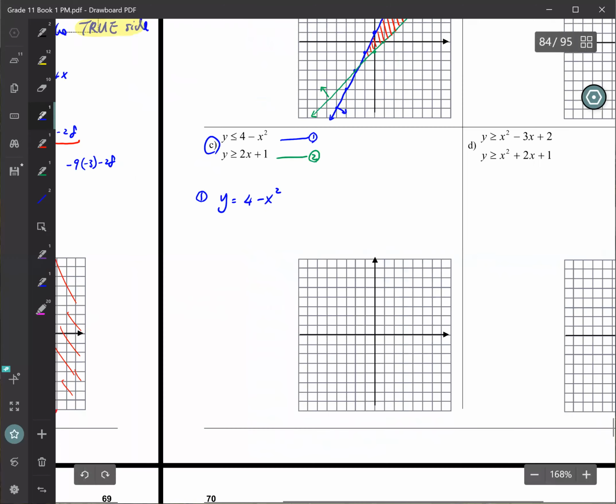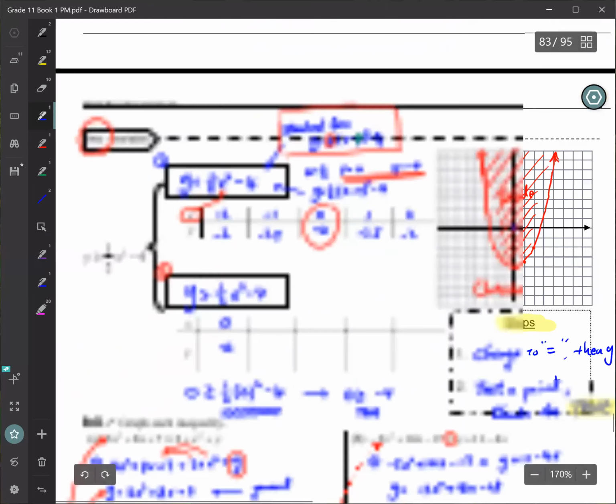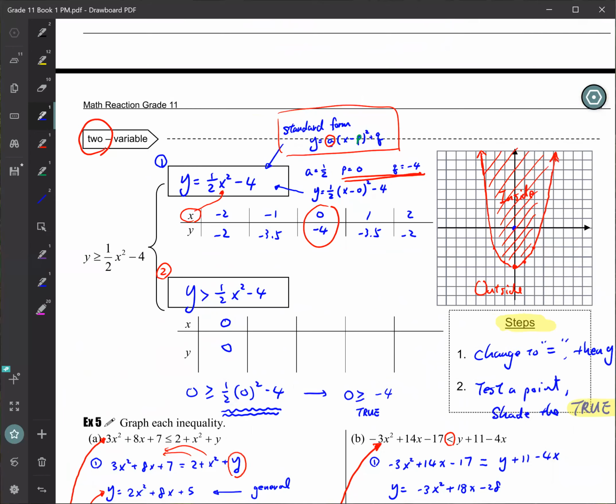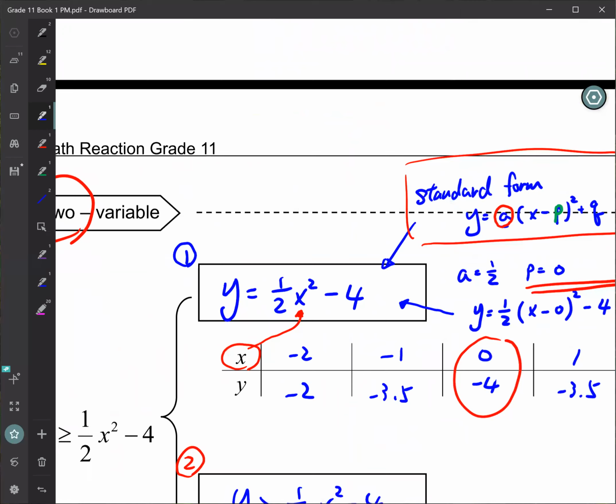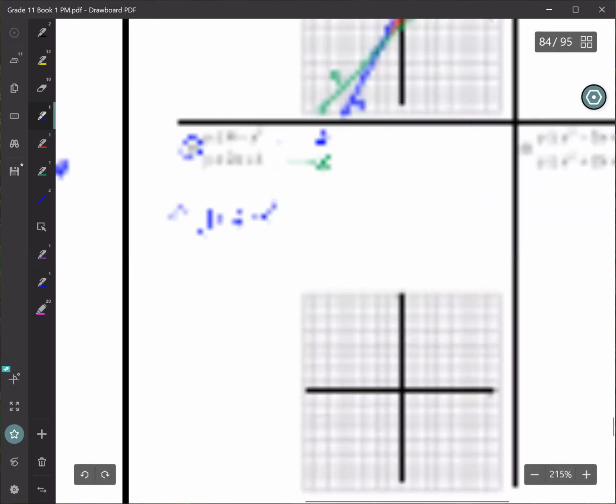This one is similar to the example we had before, the one on the top here. It's already in standard form. So take a look at that one, and then can you tell me what's the APQ for this question?